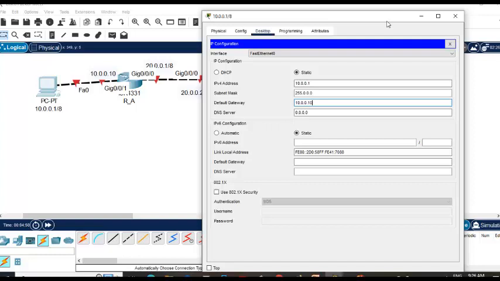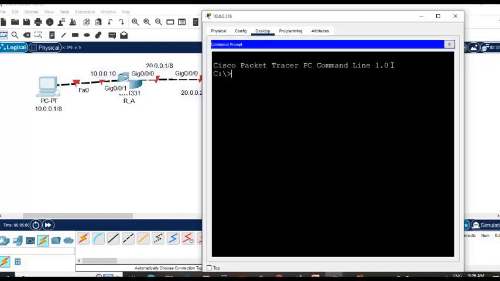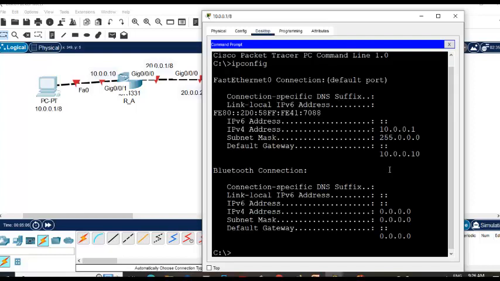Close, not here, here. And then go to command prompt and check whether your IP address is taken properly. ipconfig. You can see your IP address is assigned properly. Next. Okay, let us finish the other computer, then we'll go to the router.